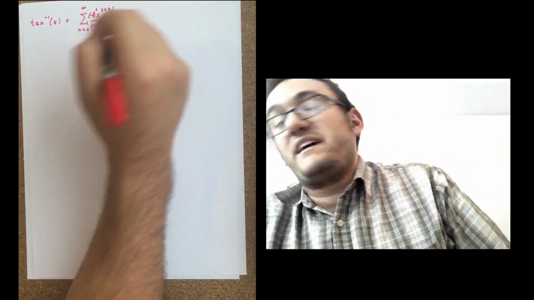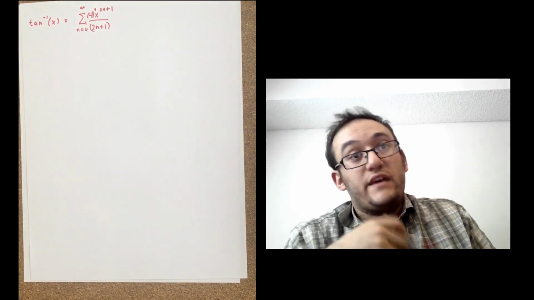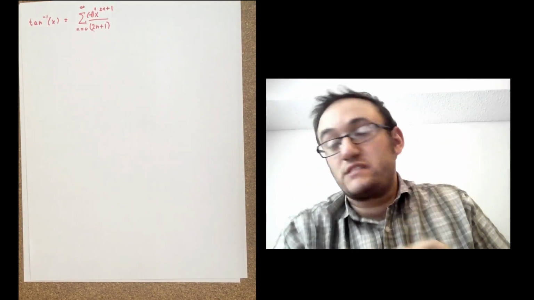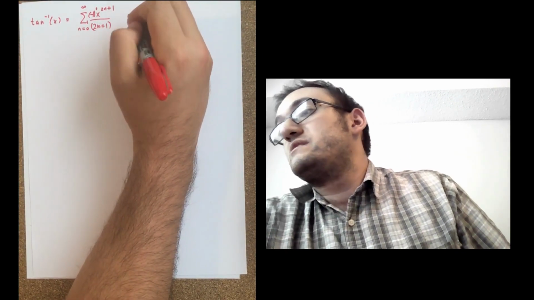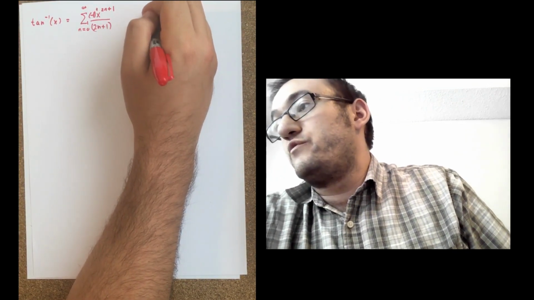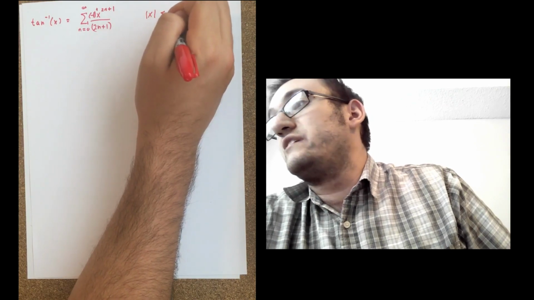And you can obtain this by taking the integral of the power series associated to 1 over 1 plus x squared. So this is going to be true for all x with absolute value less than 1.